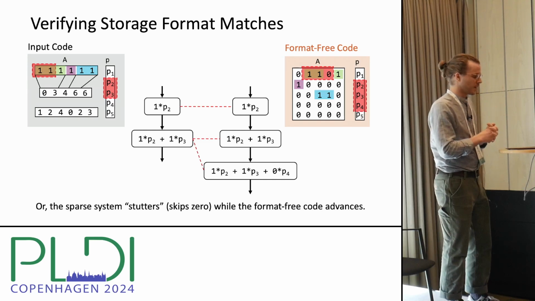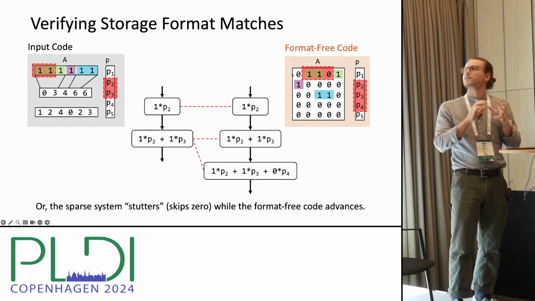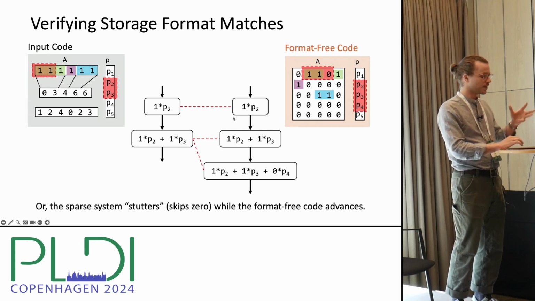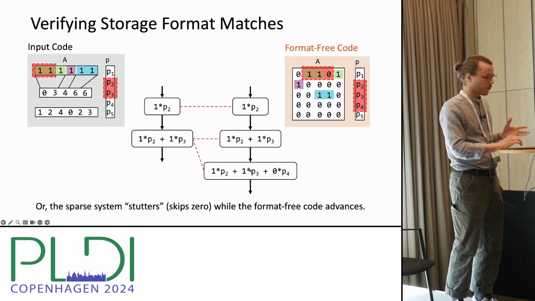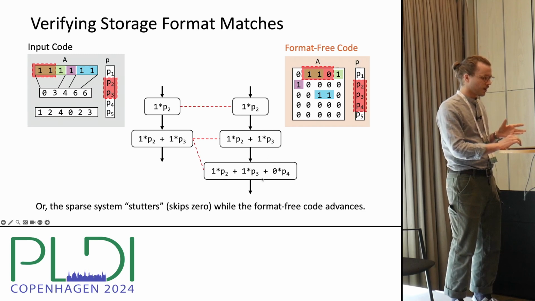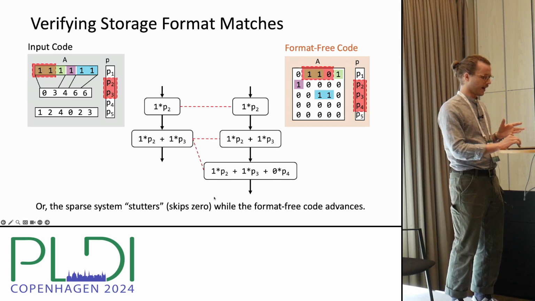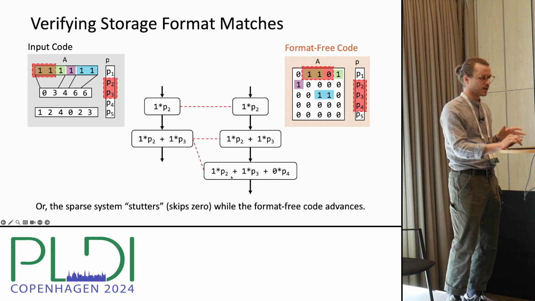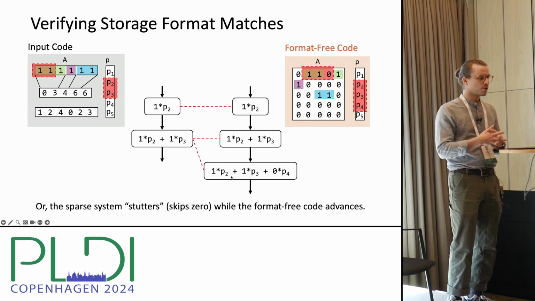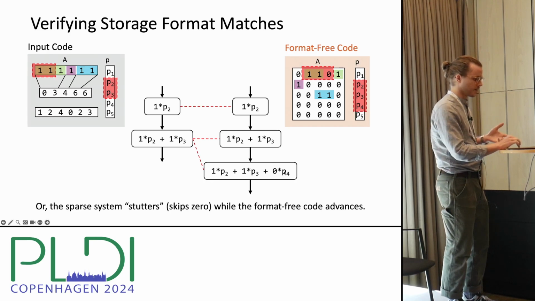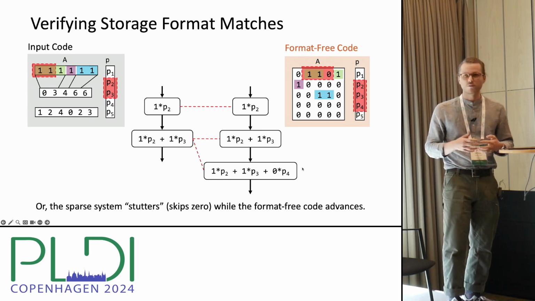And I have an example of a transition system snippet on this slide, where the dense code is taking one extra step. In other words, it's processing this 0 times P4, while the sparse system is idling in this same state. And this red dash is to indicate that these two states are related. In other words, they're equivalent, because if I add 0 to this, I get the same thing as before. Okay, so we can prove these are equivalent.